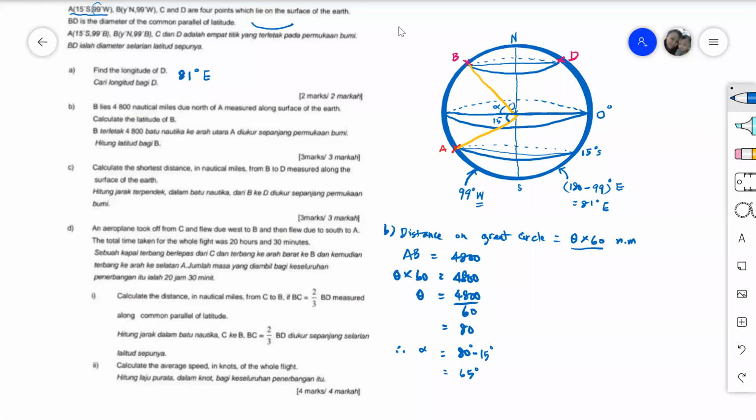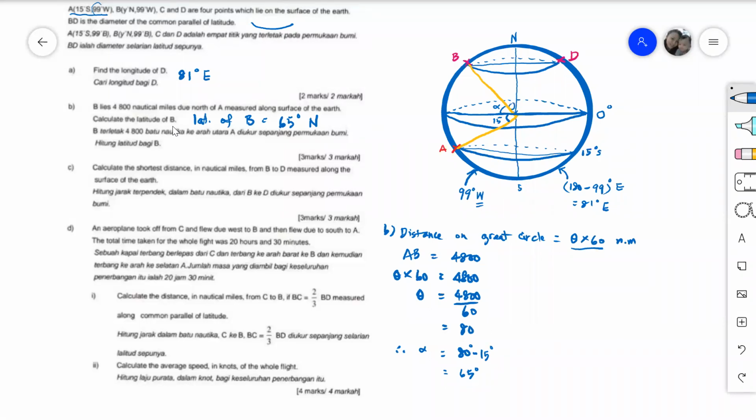So we have found the latitude of B, which is 65 degrees north. We have to mention whether it is north or south. Without the north, your answer is incomplete. So that is part B.